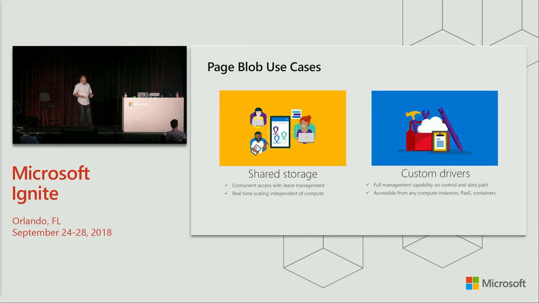A few more points on page blobs. There are mainly two use cases when it comes to using page blobs for IaaS workloads. One is shared storage. That means you can have multiple virtual machines using a page blob or a pool of page blobs as shared storage.